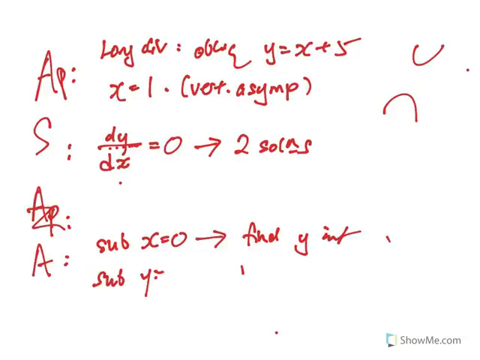Sub y equals to 0, find x-intercept. All this you must do. You cannot just use GC and then draw. You need a point. If you can use GC to find, can. Sometimes the turning point is so nice, all whole numbers, but sometimes cannot, you need to use the algebraic method.